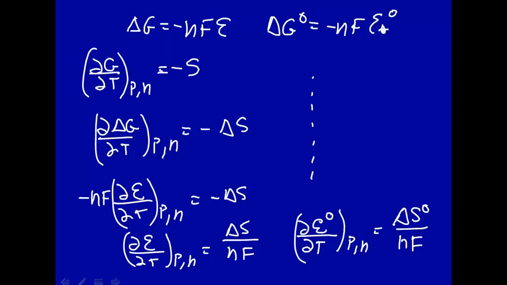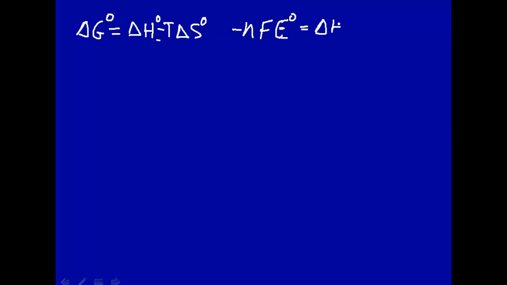So that's the first point. We can play around with this some more. Everything we learned about delta G, we can now say about E. We said that delta G, the Gibbs equation, is delta H minus T delta S. We know that delta G is minus nFE, so let's make this standard state: minus nFE0 is equal to delta H0 minus T delta S0.